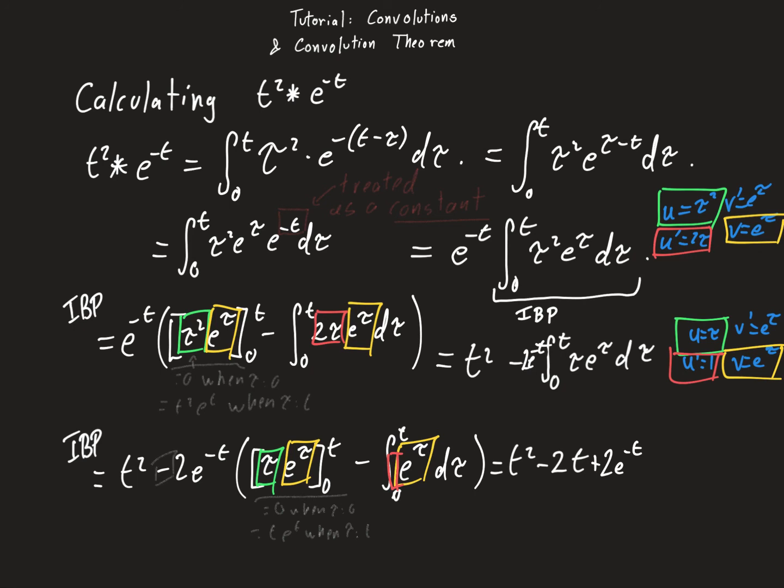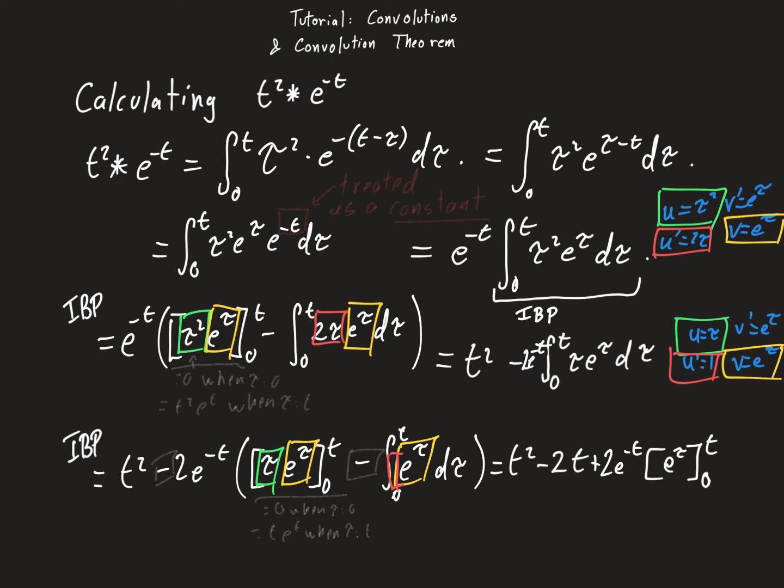This guy and this guy cancel each other out. And then the integral of e to the tau is, of course, just e to the tau. And this is going from tau equals 0 to tau equals t.